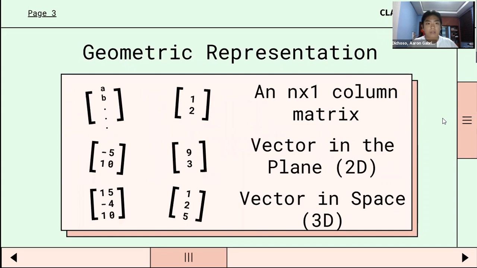Today, we are going to talk about this representation of vectors, the geometric representation, wherein it is defined as an n by 1 column matrix. So for 2D vectors or vectors in planes, we would see it as such. And for 3D planes, we would have a 3 by 1 column matrix.